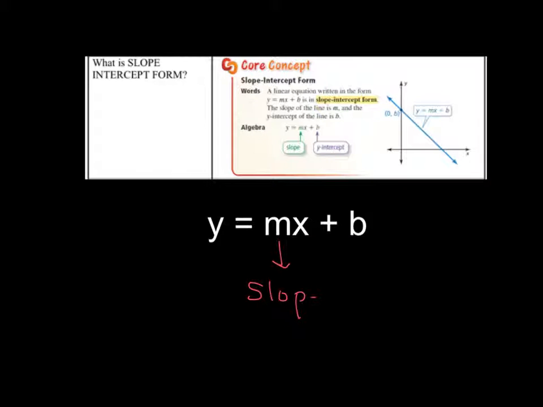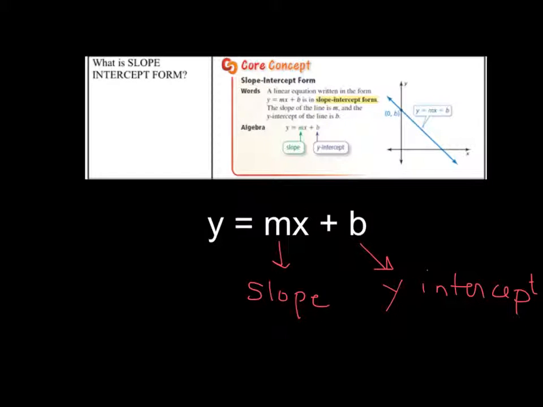Remember, slope is the same thing as rate of change. X is your independent variable, and b is your y-intercept. We talked about y-intercept when we talked about standard form also. So if you look up here in our core concept, b is that point where the line is crossing the y-axis, and that's why we call it the y-intercept.